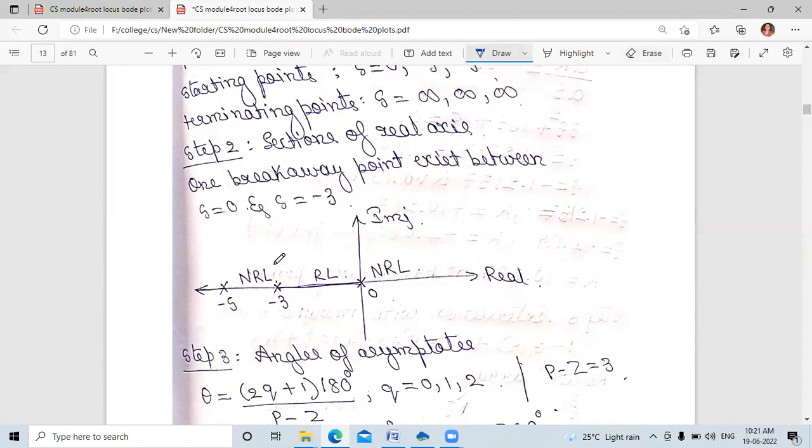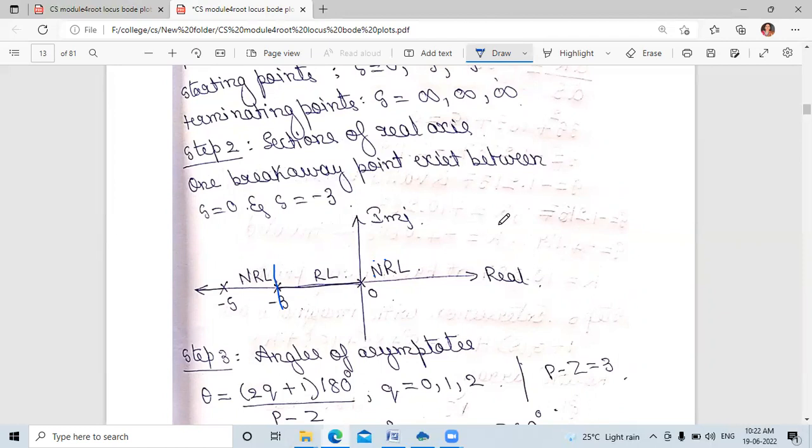If we start from here, there is only one pole. So from -3 to 0, there is a root locus and also one breakaway point exists. Like this, we will find the breakaway point, where NRL means no root locus and RL means root locus exists.